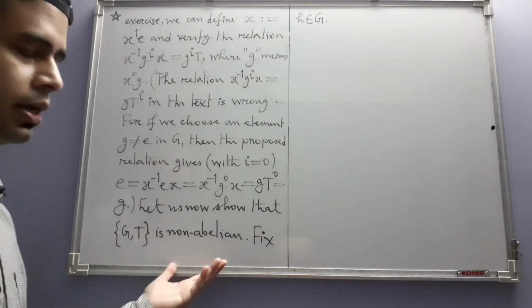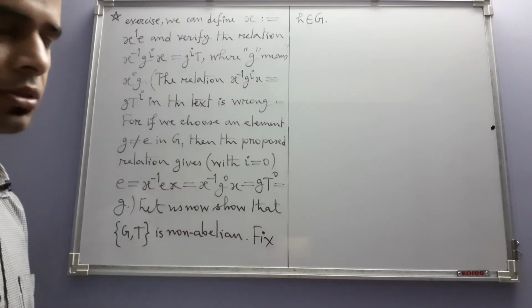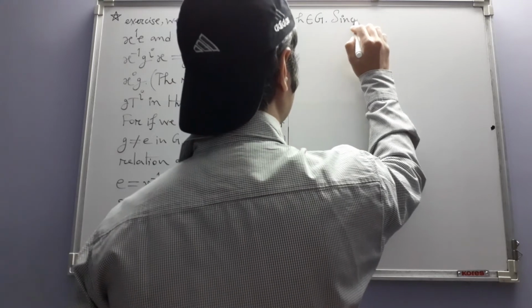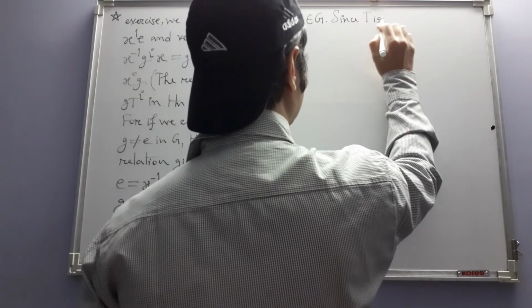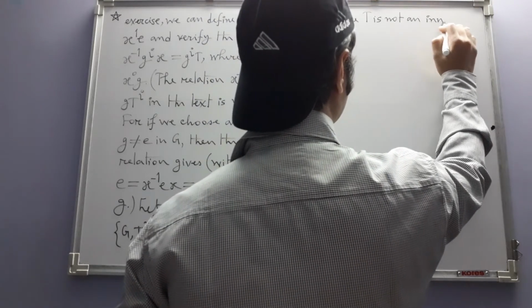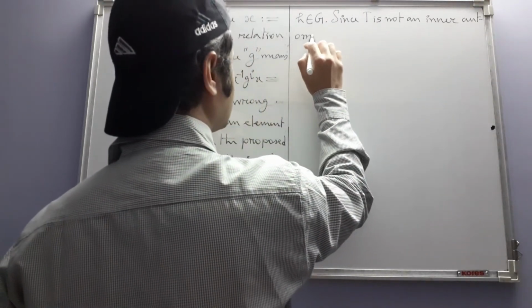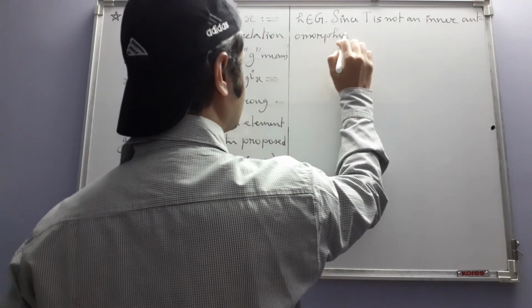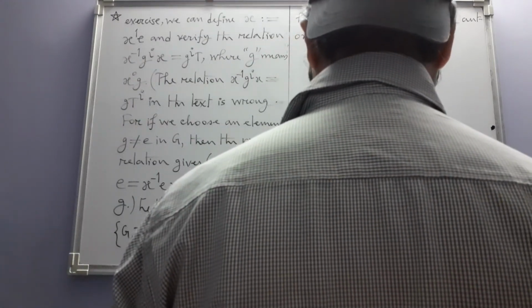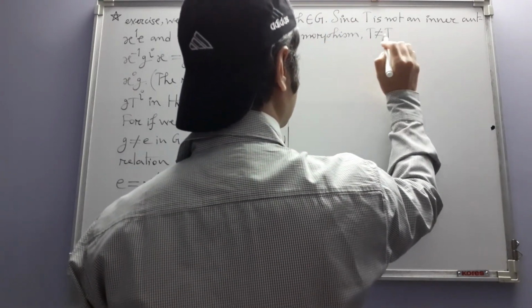Now we use the other part which says that T is not an inner automorphism. Since T is not an inner automorphism, T cannot be equal to TH.